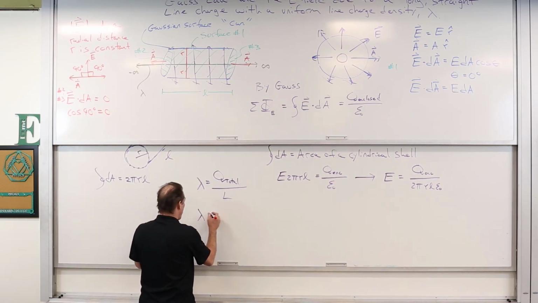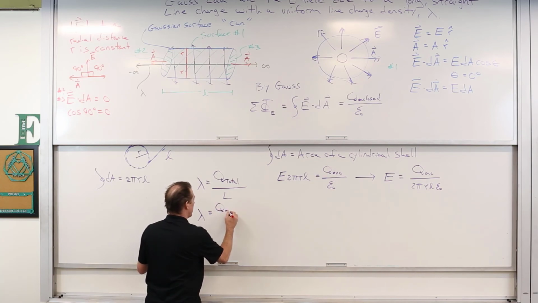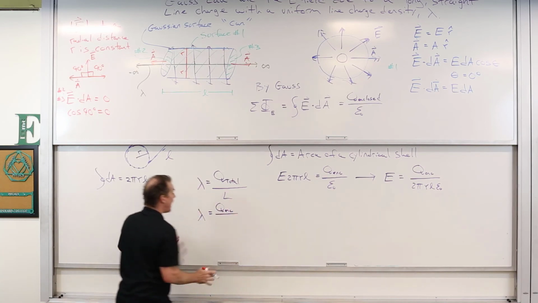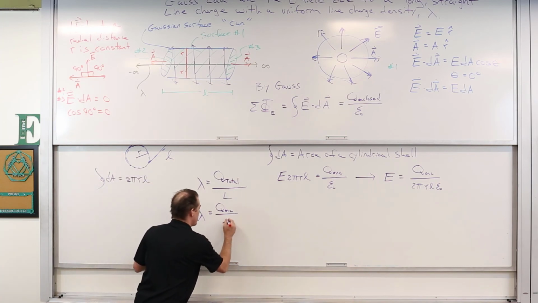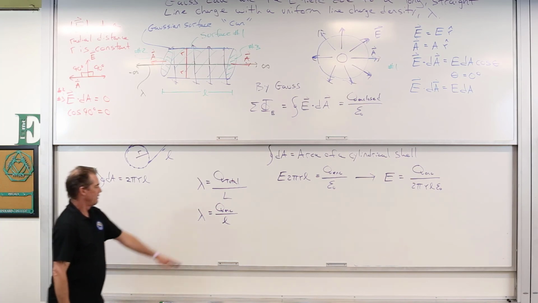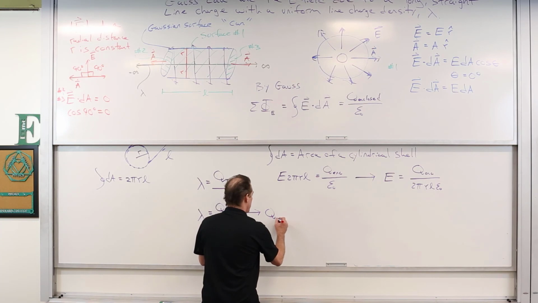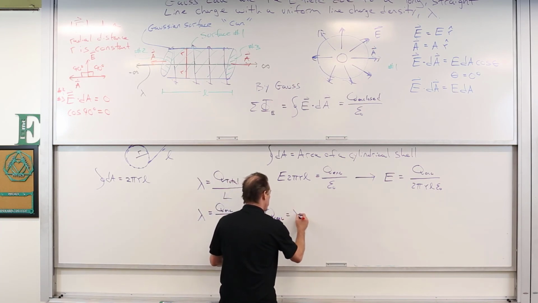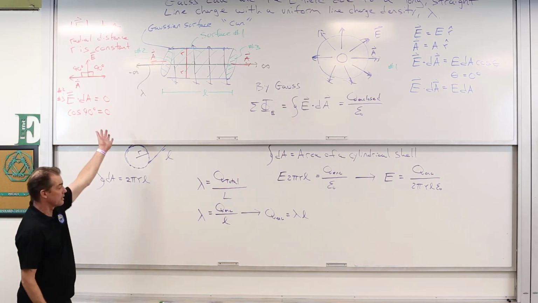So we could also write that lambda is going to be equal to Q enclosed divided by the length of the segment that's enclosed, which is L. So we get Q enclosed as lambda times L. The amount of charge enclosed is equal to the line charge density times the length of the line that is enclosed.